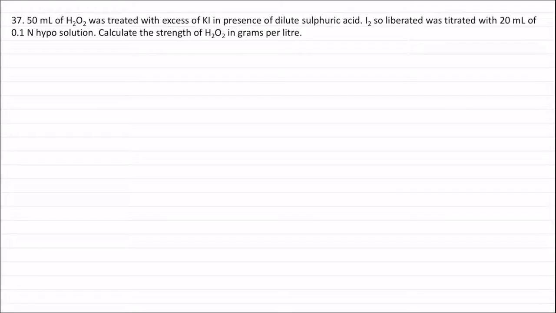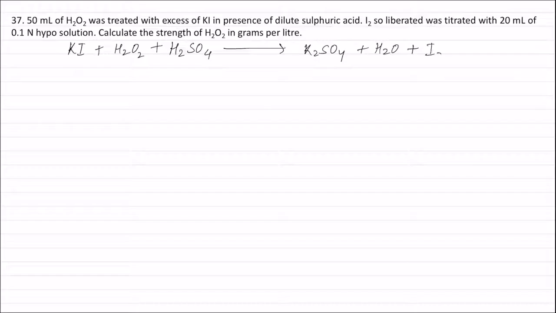The equation for the reaction will be KI plus H2O2 plus H2SO4 forming K2SO4 plus H2O plus iodine. Now this iodine which is liberated will react with hypo solution.